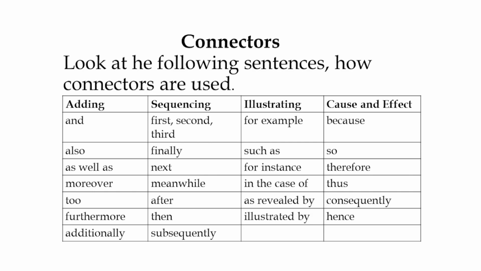First we'll take adding. As we all know, 1 plus 1, one idea with another idea. We can use and, also, as well as, moreover, furthermore, additionally. These words are used to add two ideas.